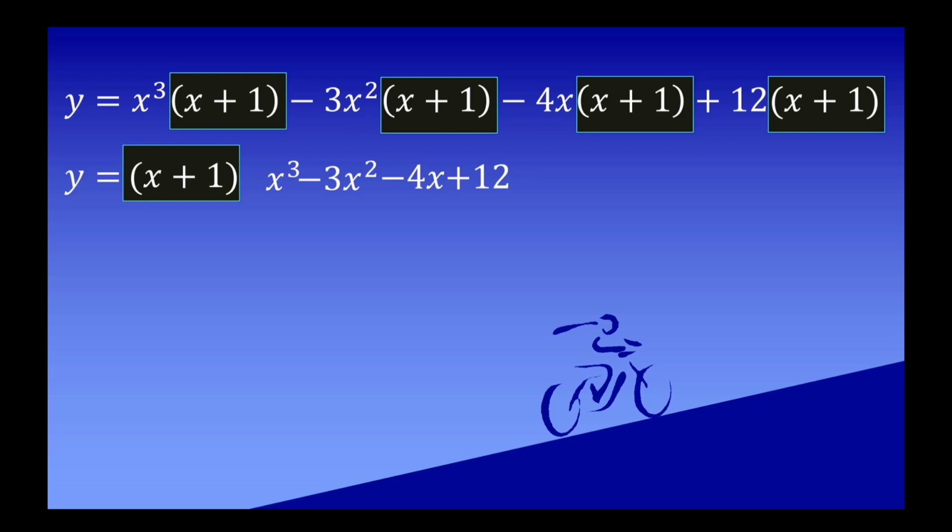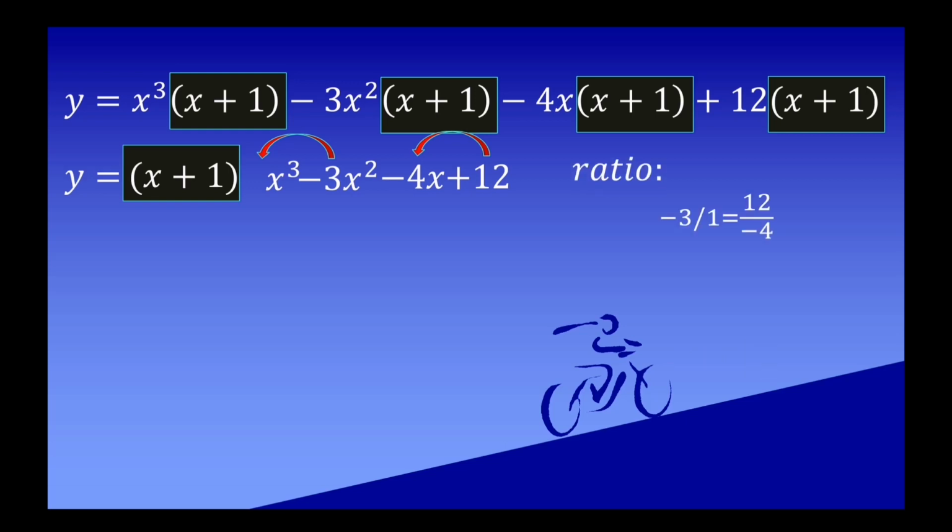So that is our factored form, y is equal to a quantity of x plus 1 multiplied by a quantity of x cubed minus 3x squared minus 4x plus 12. But this is a cubic function and factorable since the ratios between the first two terms and the last two terms are equal.